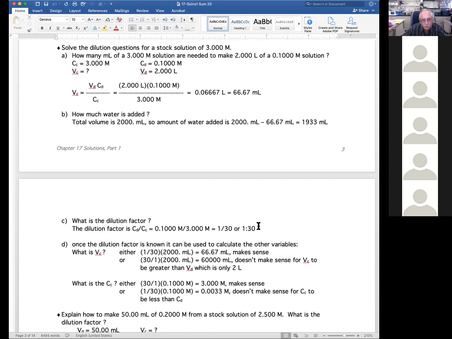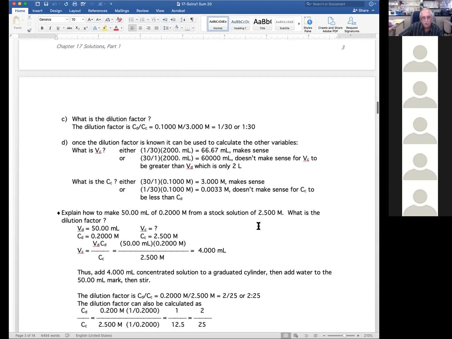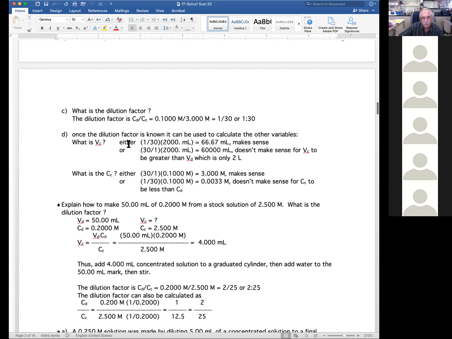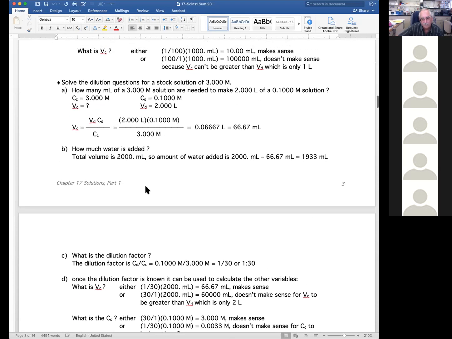And once you have the dilution factor, you can see how you can get the other ones, because in fact, the dilution factor represents 2 of the 4 variables. So they only have to give you 1 variable, give you the dilution factor, and ask you to solve for the missing thing.